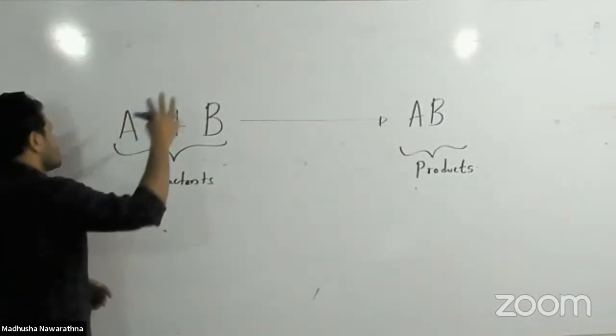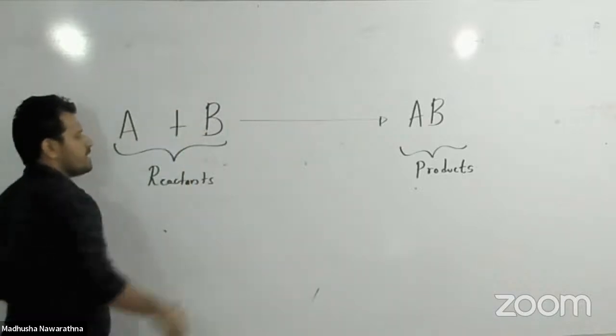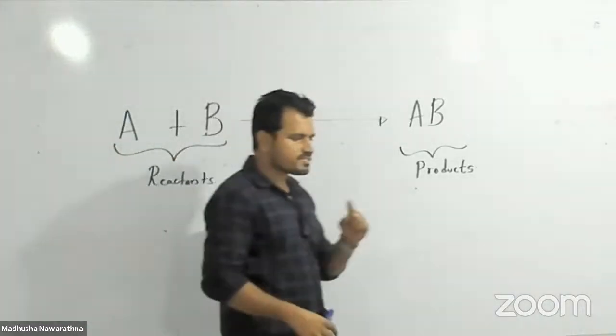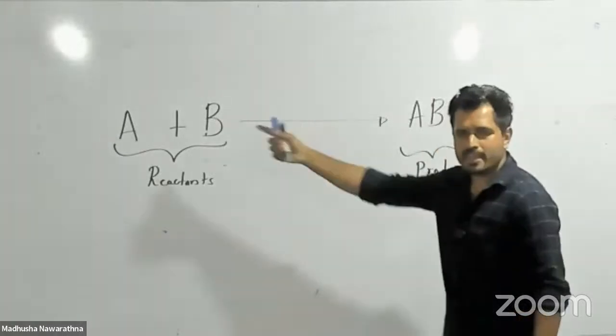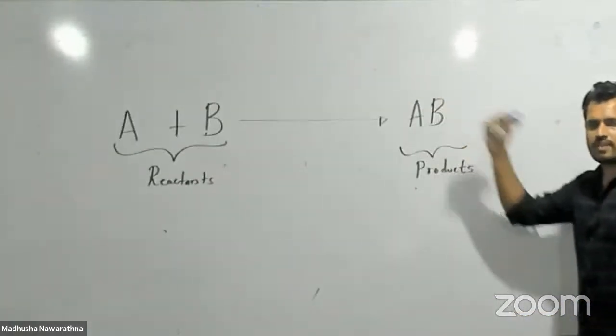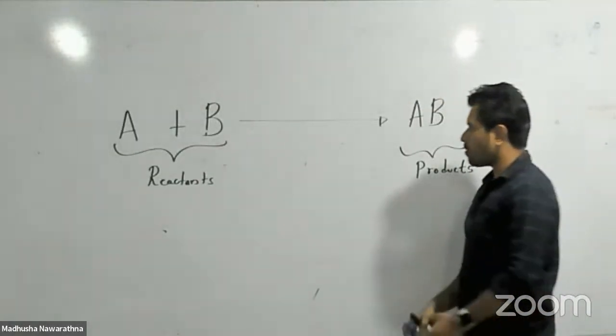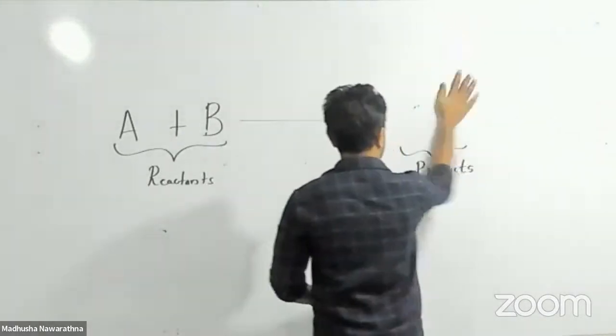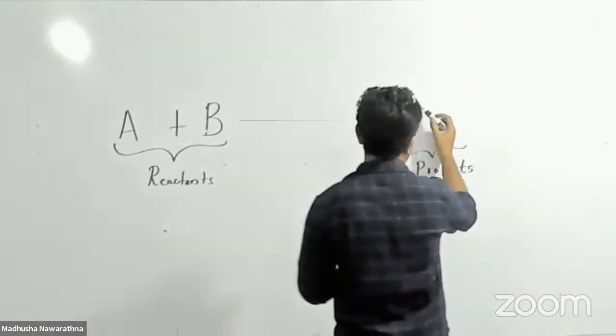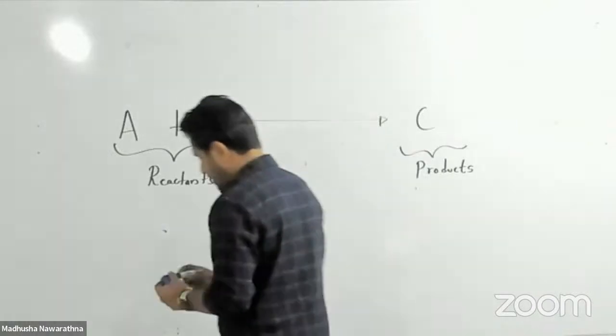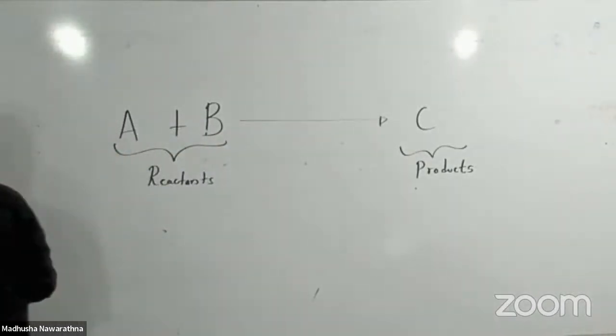So there should be a possibility for a reaction to take place between this A and B, then only this AB will result. Or even you can name it as C. AB එකතු වෙලා C හැදෙනවා කියන්න පුළුවන්.